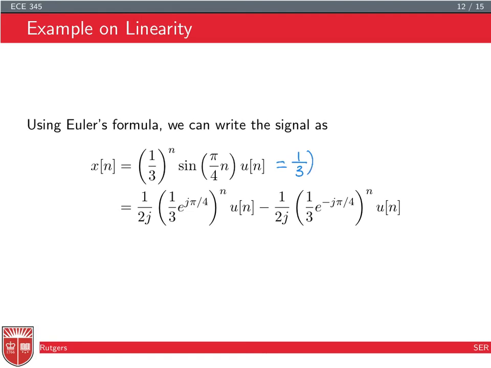So this is 1/3 to the power n times (e to the j pi over 4 n minus e to the minus j pi over 4 n), and then the remainder on u of n, which I forgot here, and then the remainder follows easily.